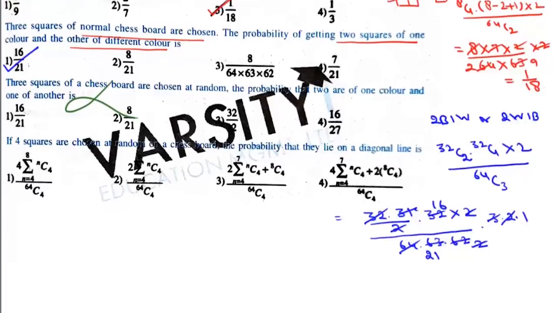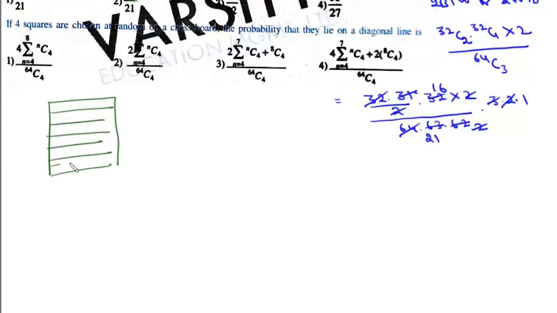And then finally we have, 4 squares are chosen at random from a chessboard. We need to find the probability that they lie on a diagonal line. So if we look at diagonal lines, here we have 1, 2, 3 and 4.